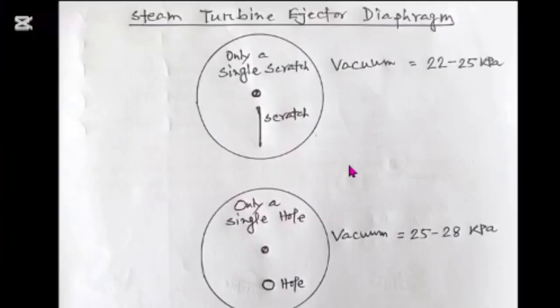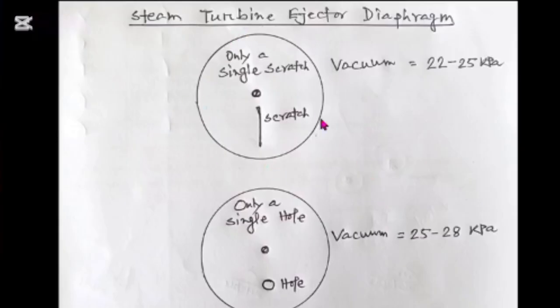Now we will see how we selected our diaphragm and modified it. Here is the picture. This is the diaphragm. We did this on a test basis, and finally we came to a position on how to select the diaphragm hole.